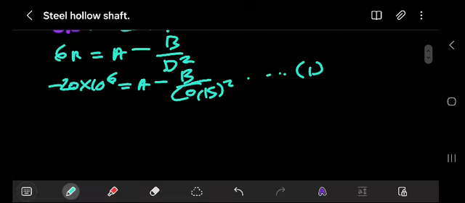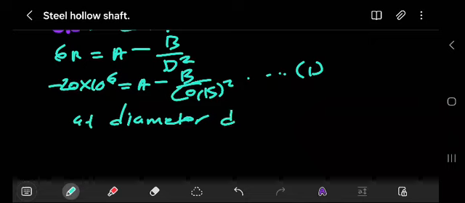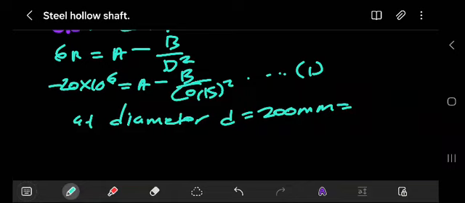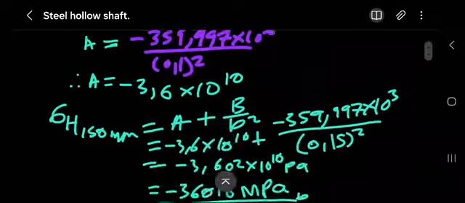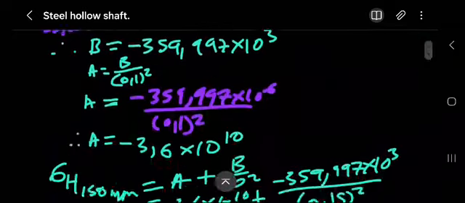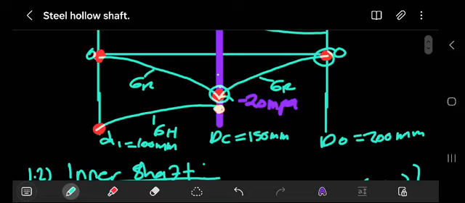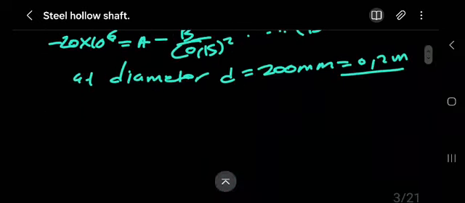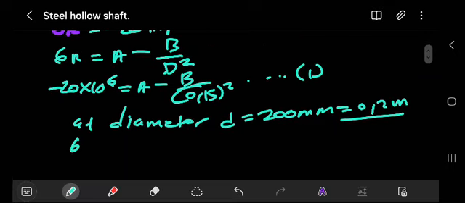Then we go to the next diameter, 200 millimeter, the same as 0.2 meter. There the radial stress is 0 megapascal.